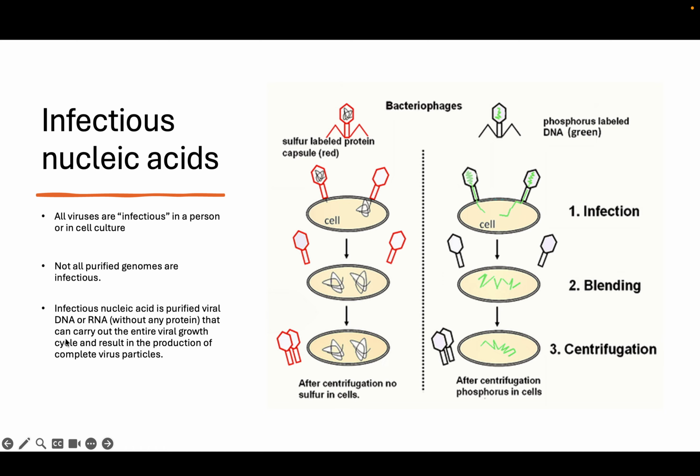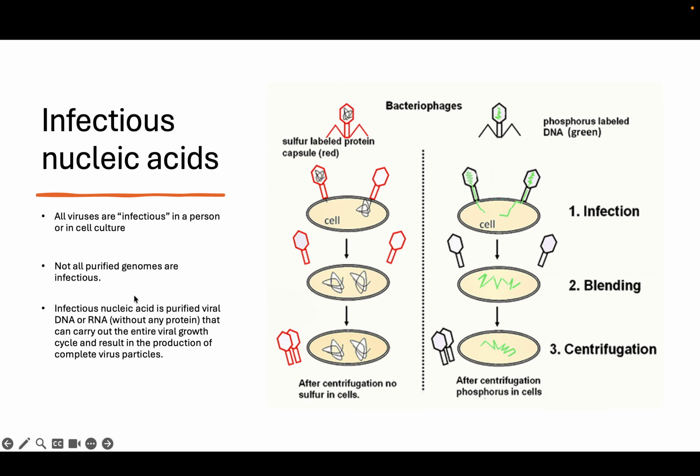In certain cases, some DNA or RNA can carry out the whole viral growth without the protein. For example, if I take polio's nucleic acid, I can put this in a cell. This nucleic acid will be able to penetrate the cell and cause infection without the need of the whole virus. They call this infectious nucleic acids.